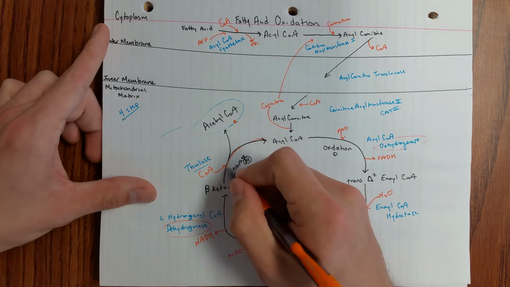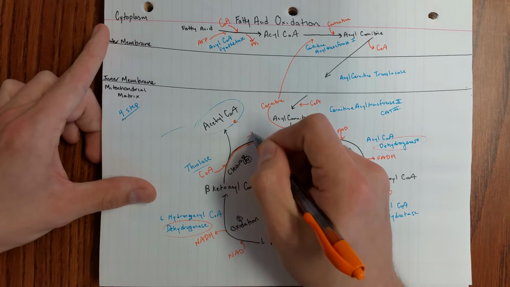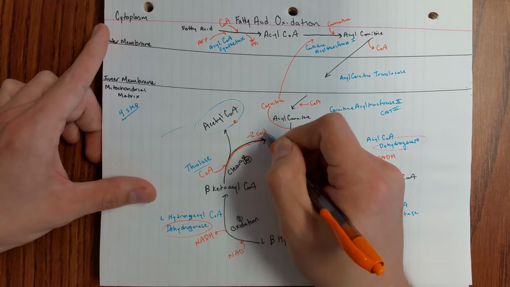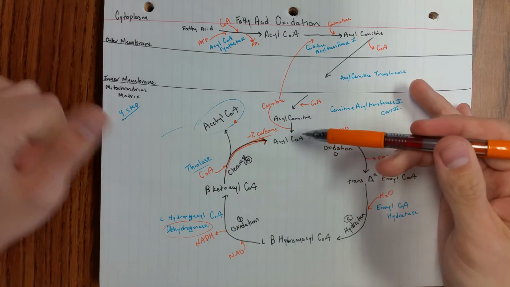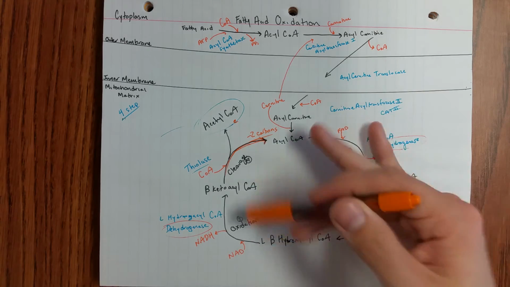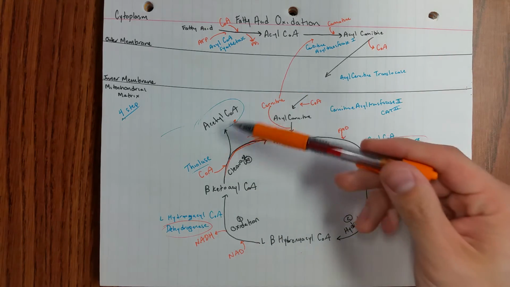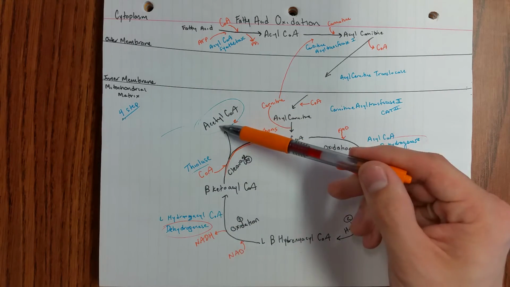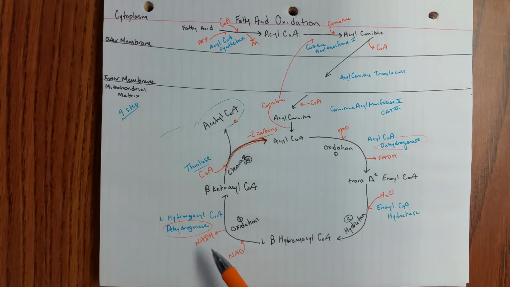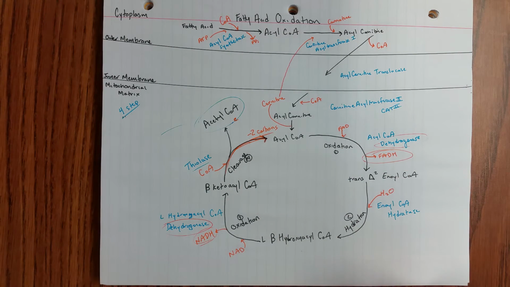So when this new acyl CoA comes in, it's two carbons shorter than last time. This molecule will keep going through this cycle until it's out of carbons. Then we have acetyl CoA as the end product, which will get turned into energy later. NADH down here will get turned into ATP later. FADH here will get turned into ATP.